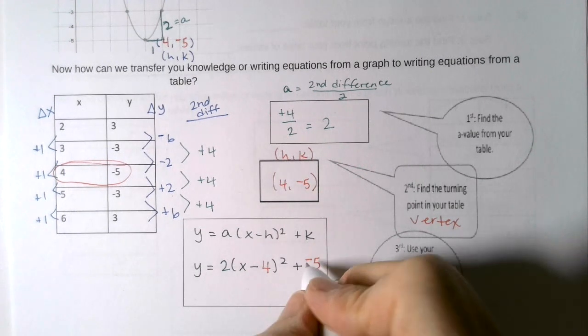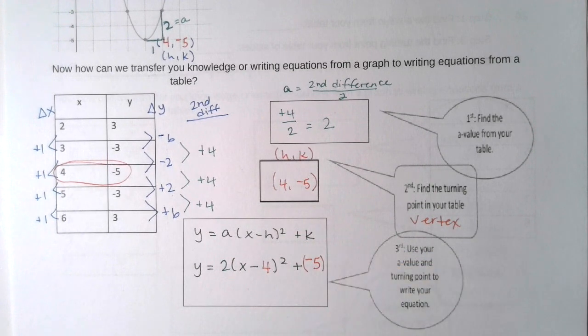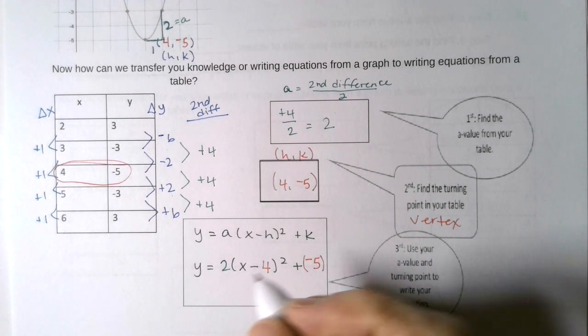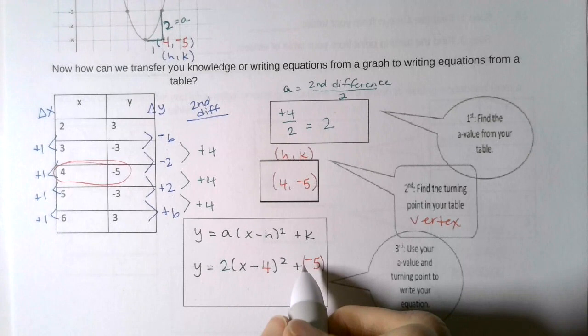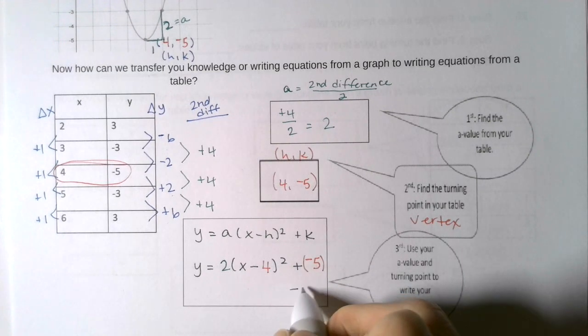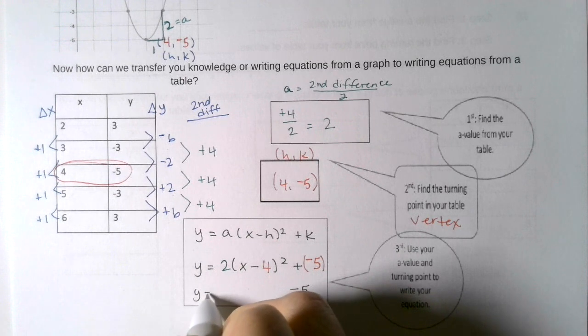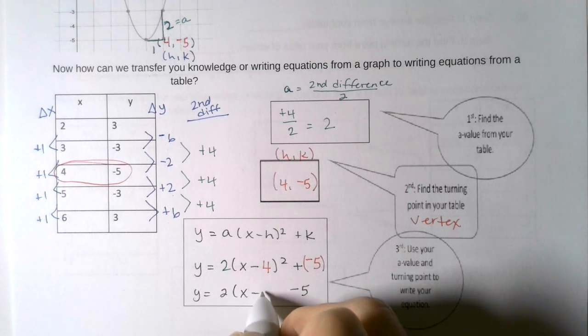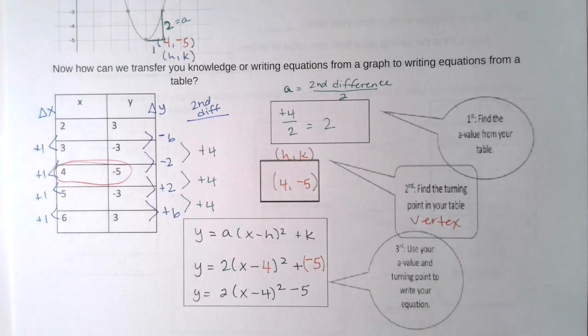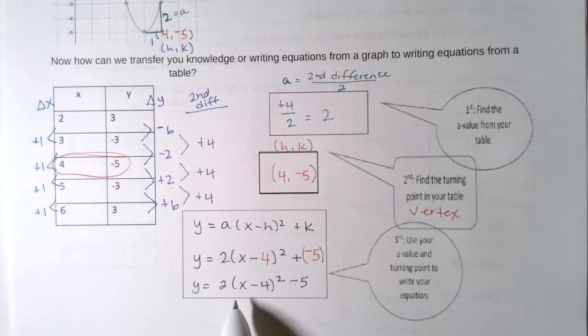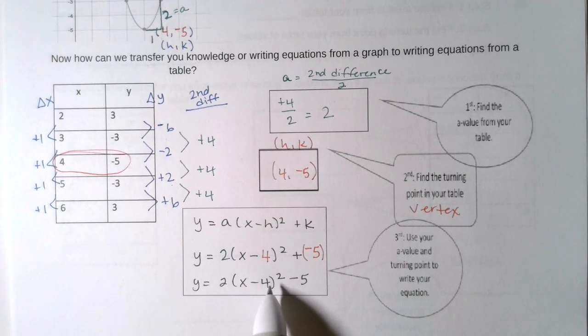And again, when you're thinking about how you write this, it's mathematically correct to have plus a -5. Some people would put that in parentheses when you have a negative number. But most of the time, as you get more familiar with this, you're going to recognize that adding a -5 is the same thing as subtracting 5. And so you'll see the equation written most often like this. y equals 2 times the quantity x minus 4 squared minus 5.